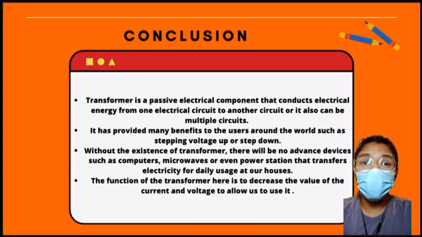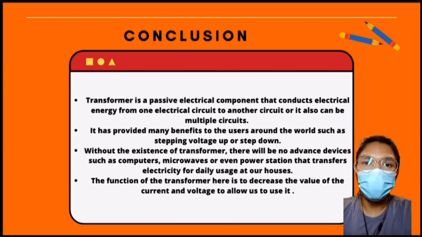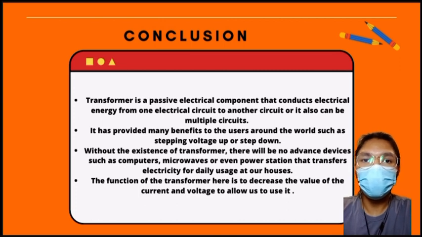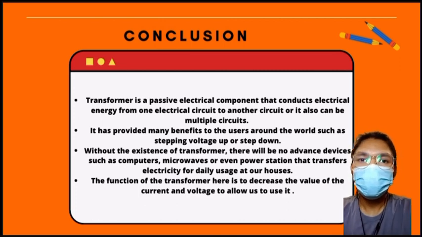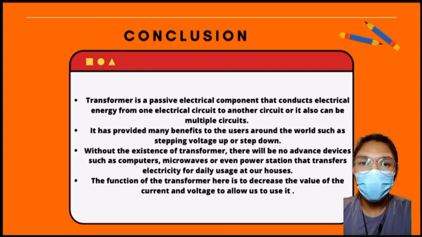It has provided many benefits to users around the world, such as stepping voltage up or stepping it down, because it can work both ways. Next, it can also change current levels easily. We also got to learn how to deal with transformer circuits and calculations too.